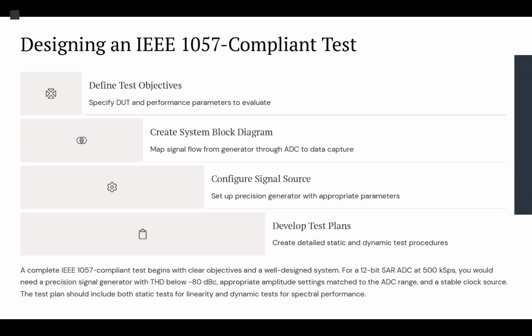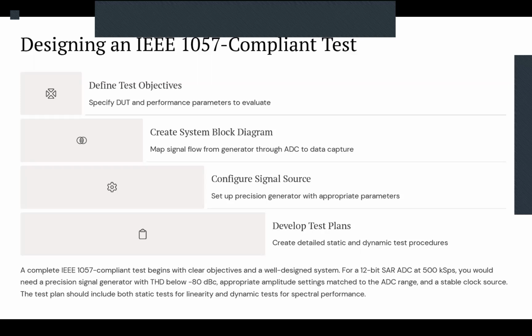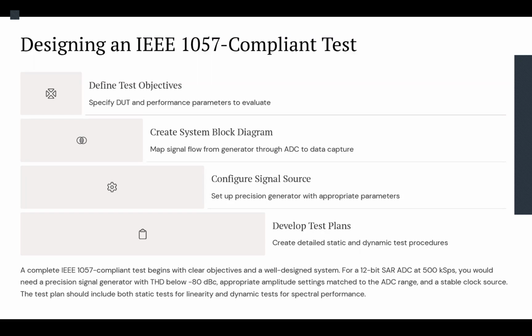It's not just like that. It begins with a well-defined plan that makes sure that each part of this test is controlled, like signal, setup, capture and analysis, and that they are traceable.